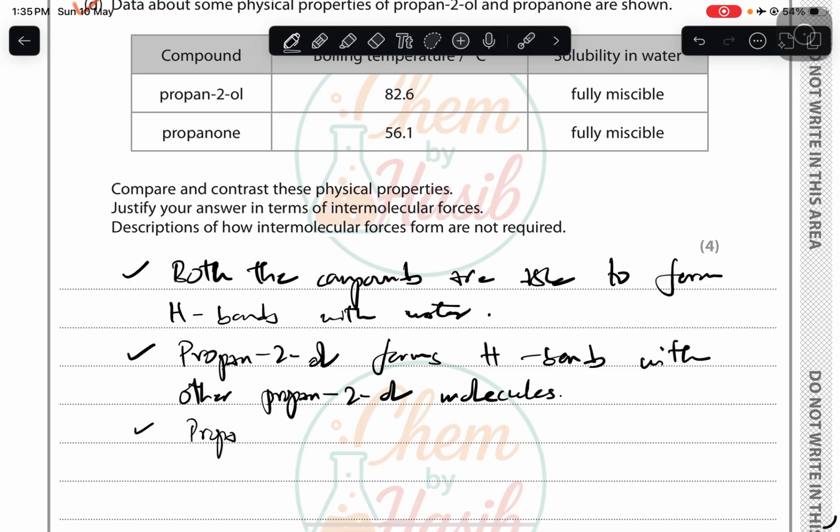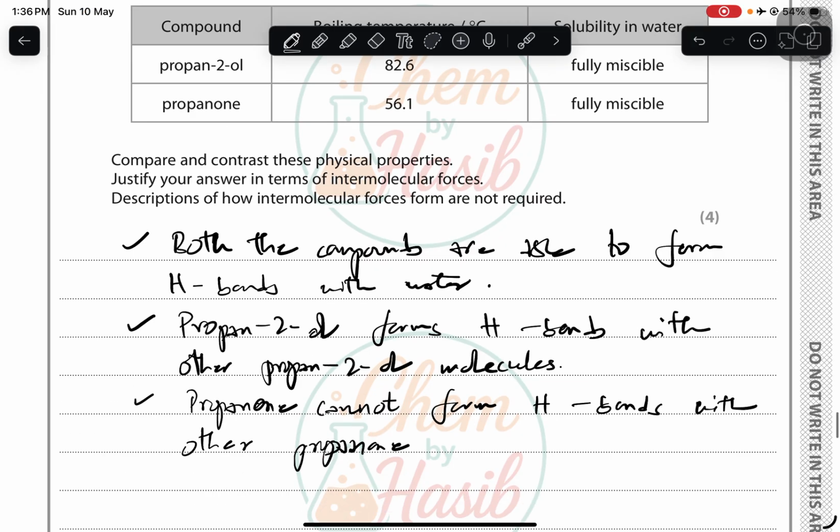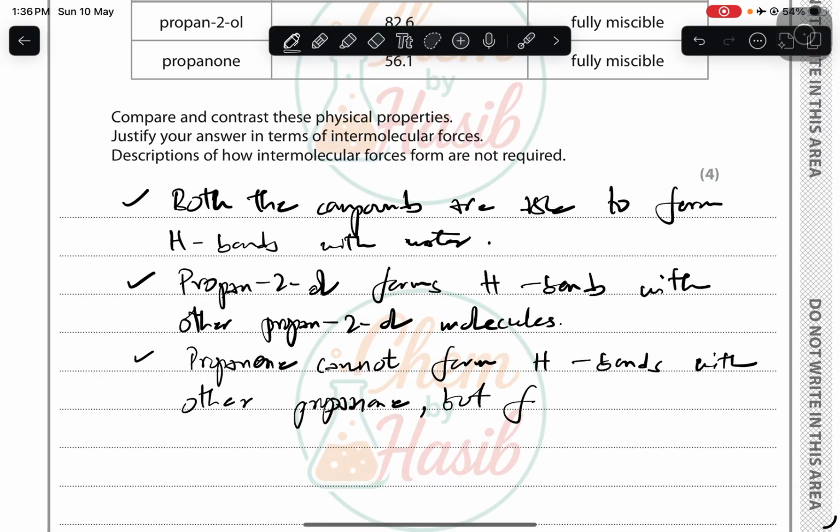Propanone cannot form hydrogen bonds with other propanone molecules, but forms London forces and permanent dipole forces.